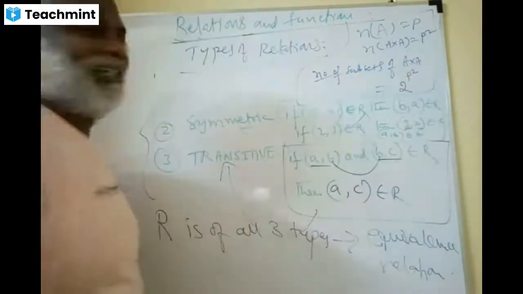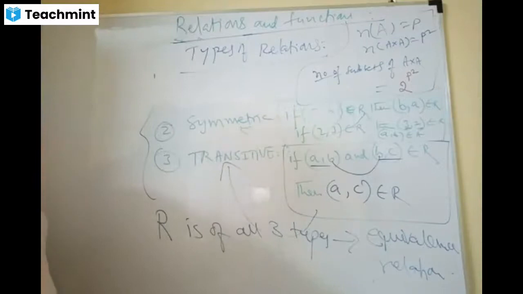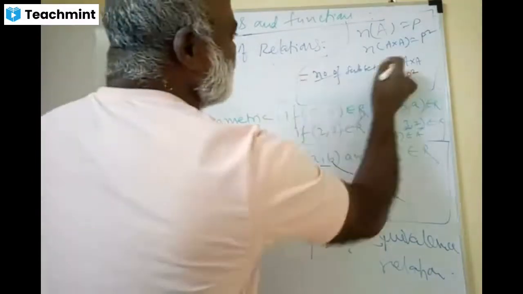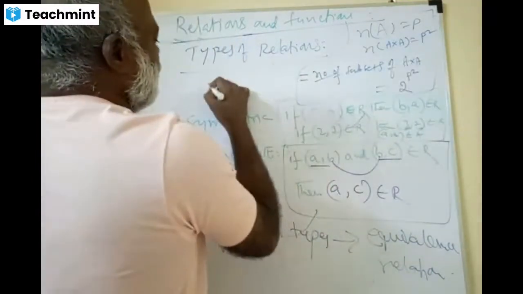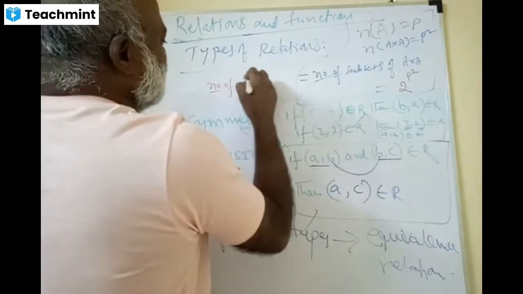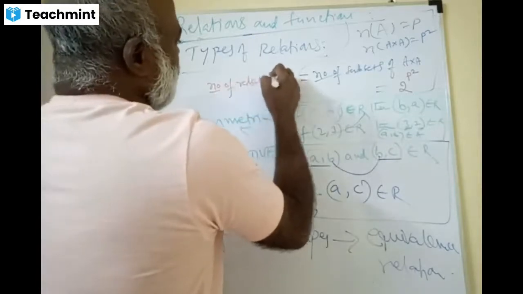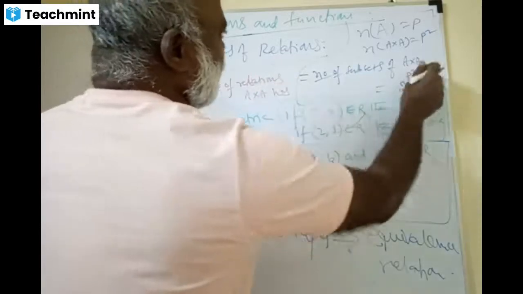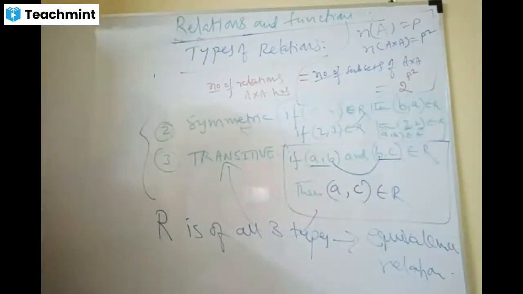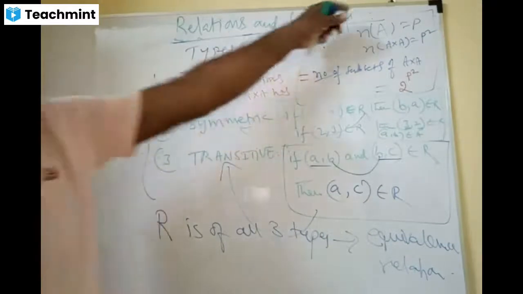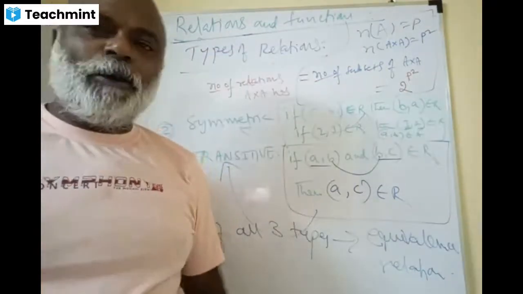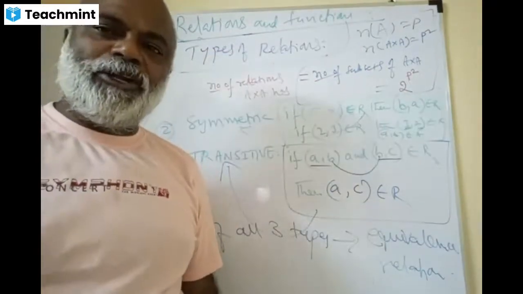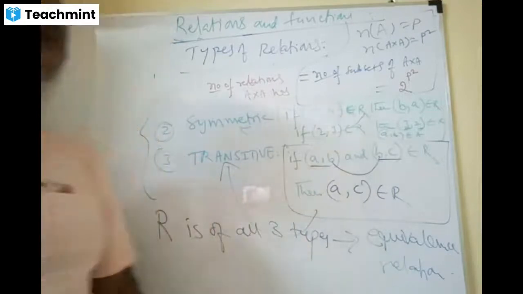Wow, very interesting. So this is nothing but the number of subsets of A cross A, which means the number of relations on A is 2 power p square, my dears. This is a very, very important thing we have learned today. I hope you will all go through the video once again and start working.